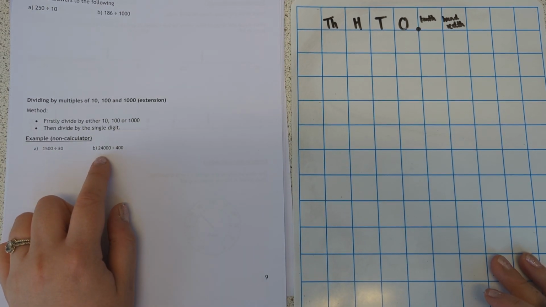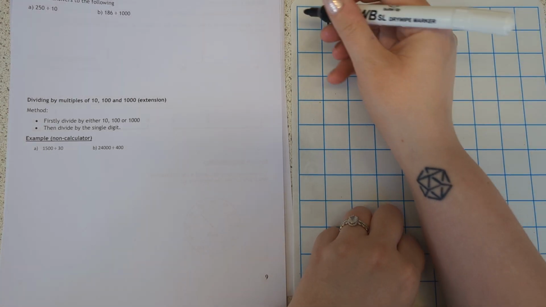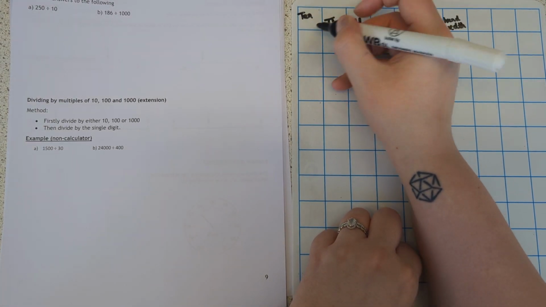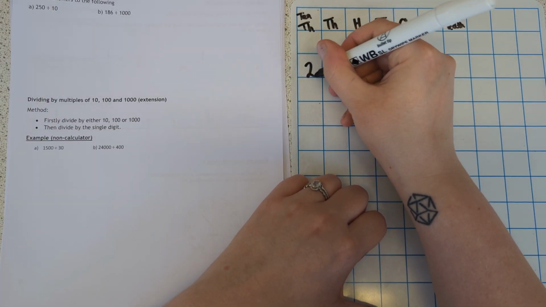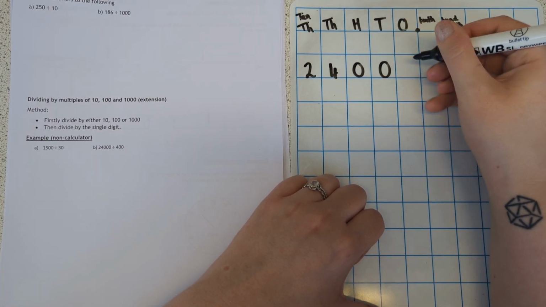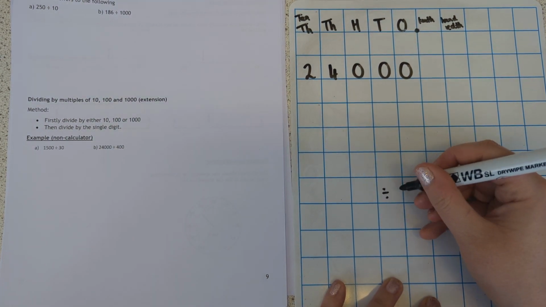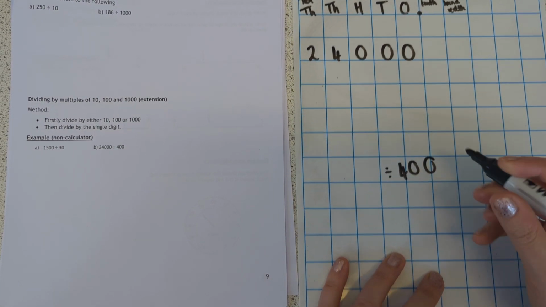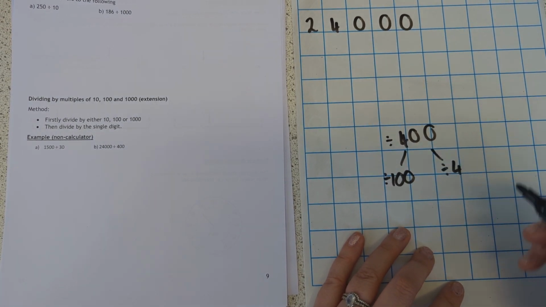Right, let's have a look at our last example. So 24,000 divided by 400. Just adding a wee column here, so tens of thousands. So I have 24,000 and I'm dividing by 400. My 400, I am going to split up into 100 and 4.